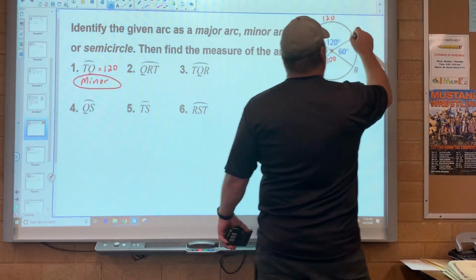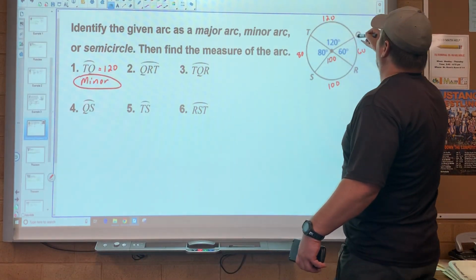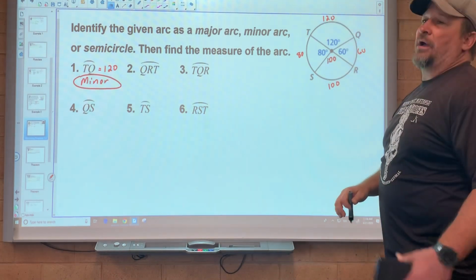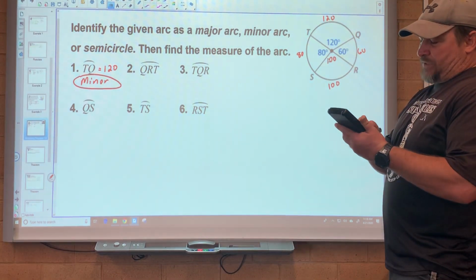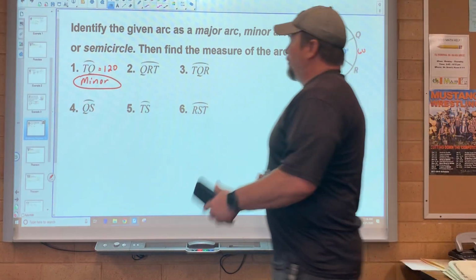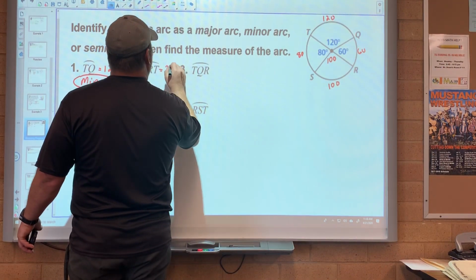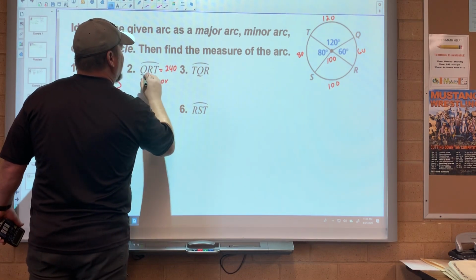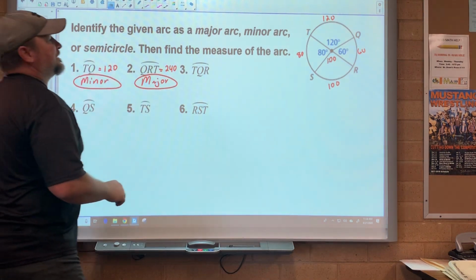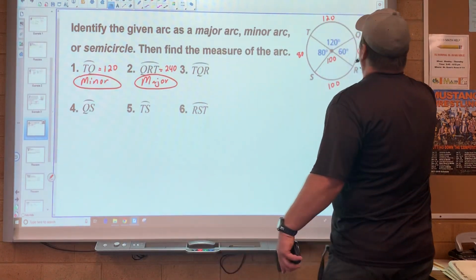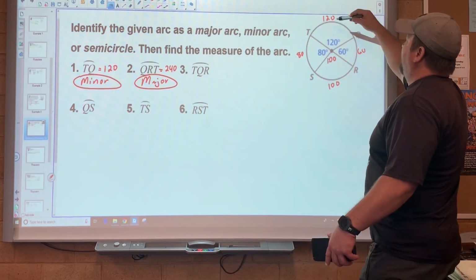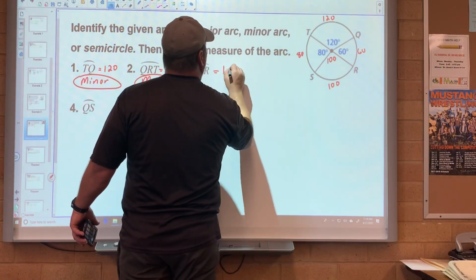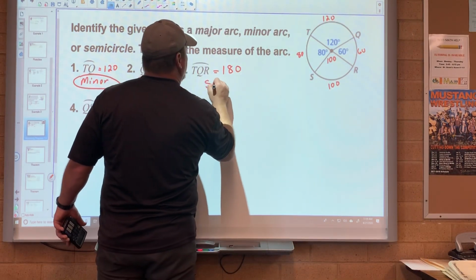QRT, QR to T. I'm just going to take that away from the 360. 360 minus 120, that's going to be 240. And that is major. Okay, TQR, TQ to R, it's 120 plus 60, that's 180. That's a semicircle.